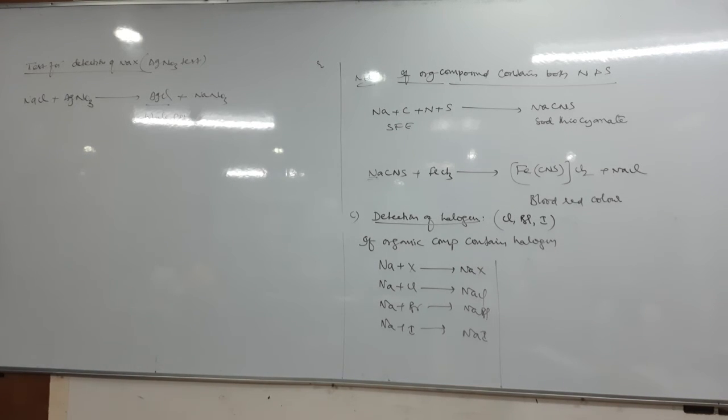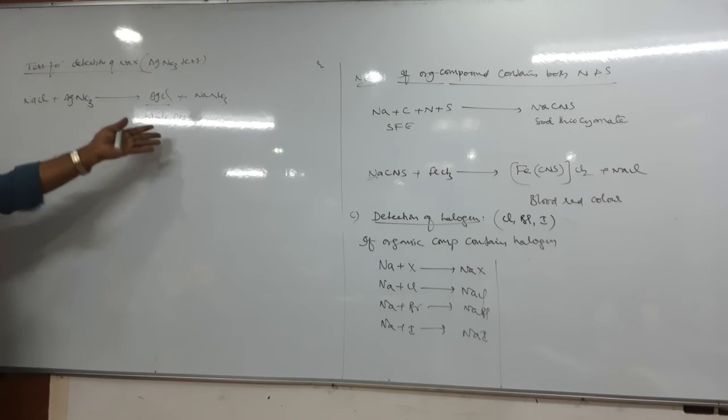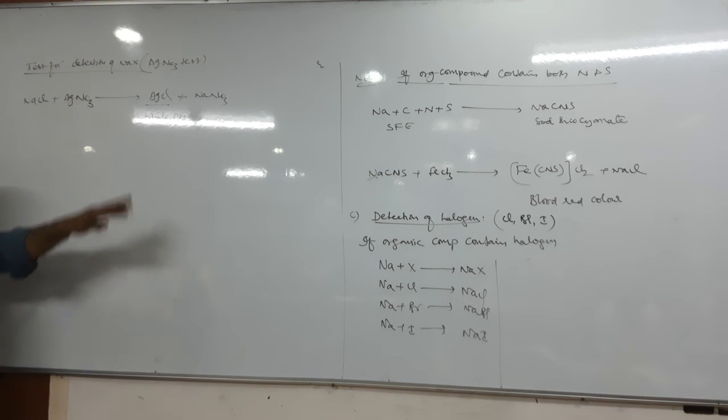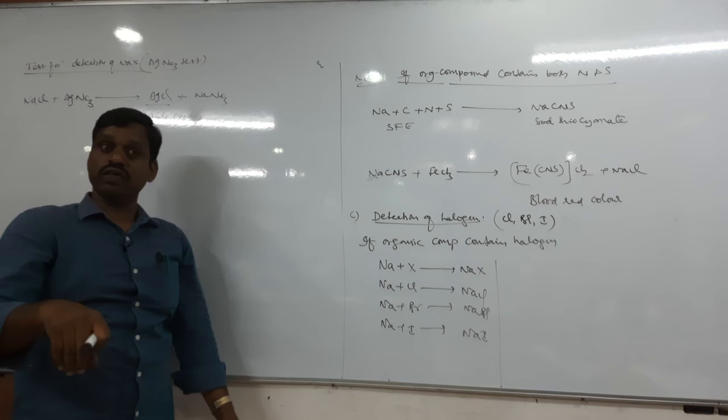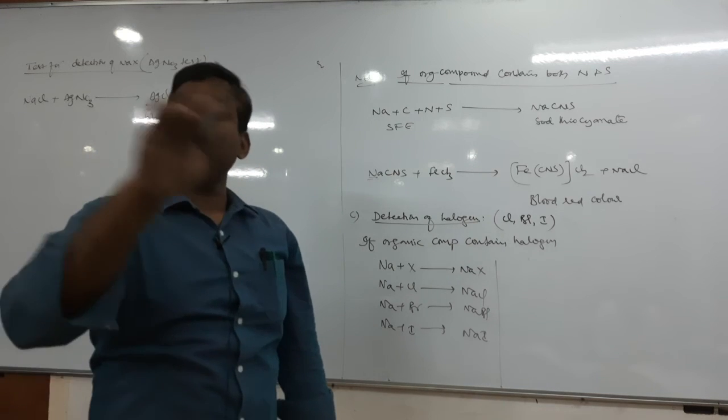Okay, but once in NEET a question was asked: a white precipitate is formed, but further one more question is added. Whether this white precipitate dissolves in excess of ammonium hydroxide or not. If it dissolves, what is the complex?